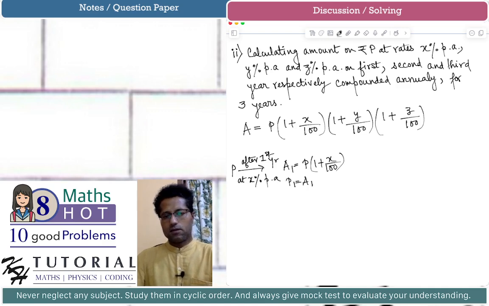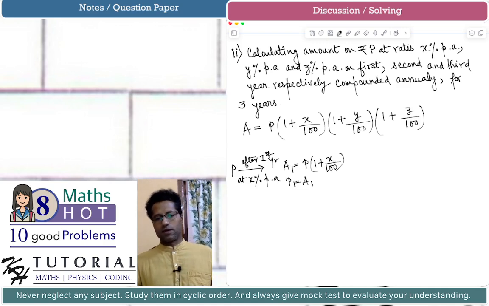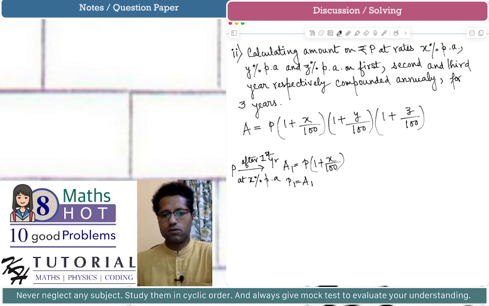That is, the principal to be considered for calculating the interest in the next year will be equal to the current amount.